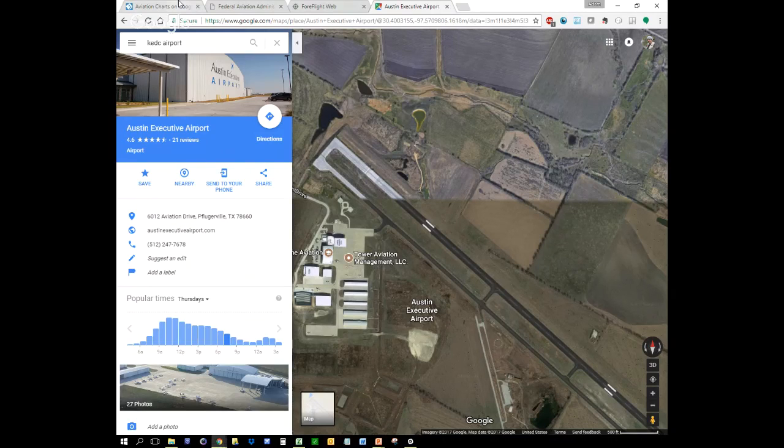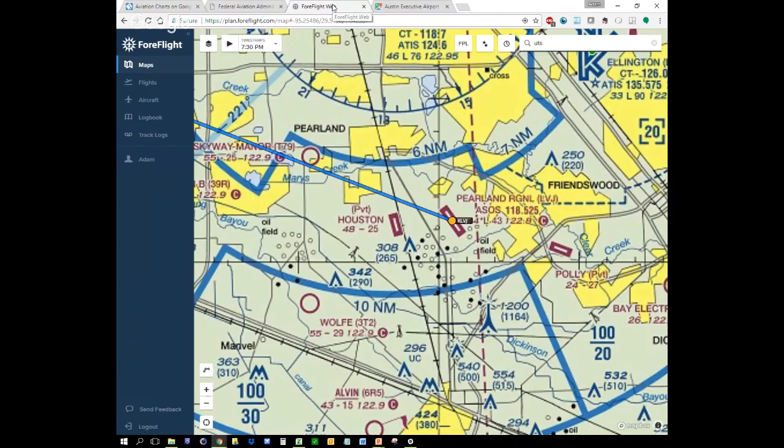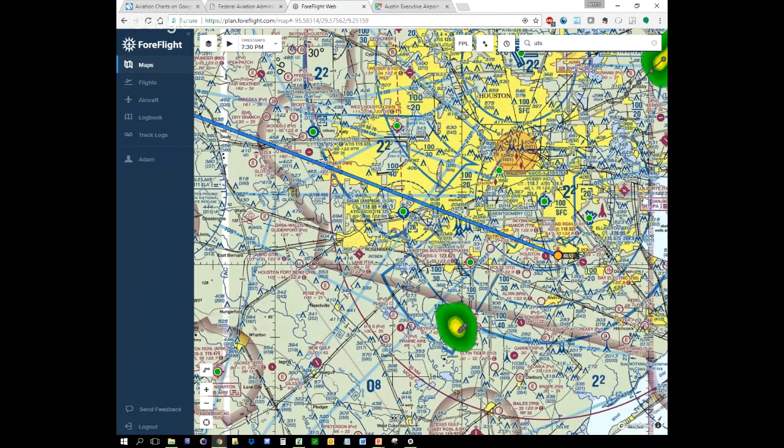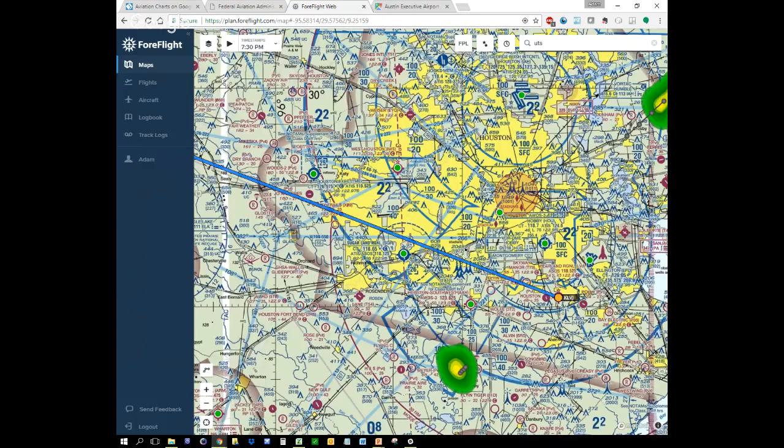To get our magnetic course from our true course of 291, we have to adjust for variation. I'm going to look for one of those magnetic variation lines, the purple or magenta dashed lines. I've got one right here in the middle of the screen: 3 degrees east, which is subtraction, right?